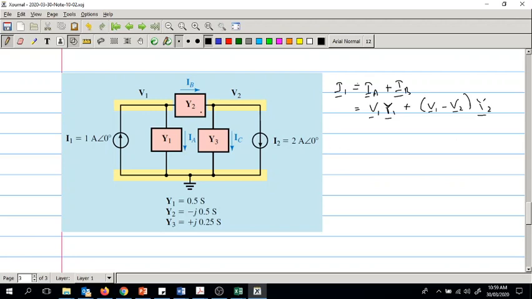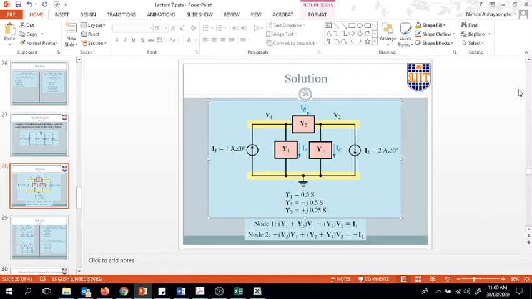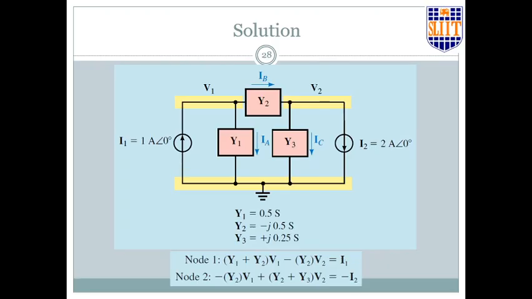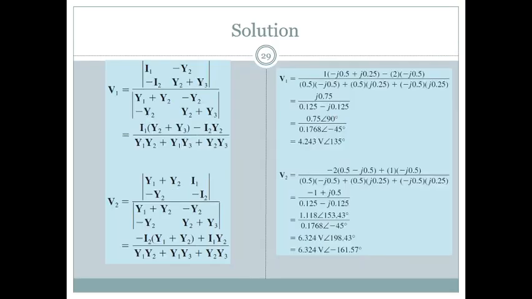Likewise, you can write the KCL equation for the second node as well. IB is coming in. IB equals IC plus I2, so V1 minus V2 into Y2 equals IC, which is V2 Y3, plus I2, right? So those are the two equations that you have here, and you simplify them using determinant methods, substitute the values and so on.